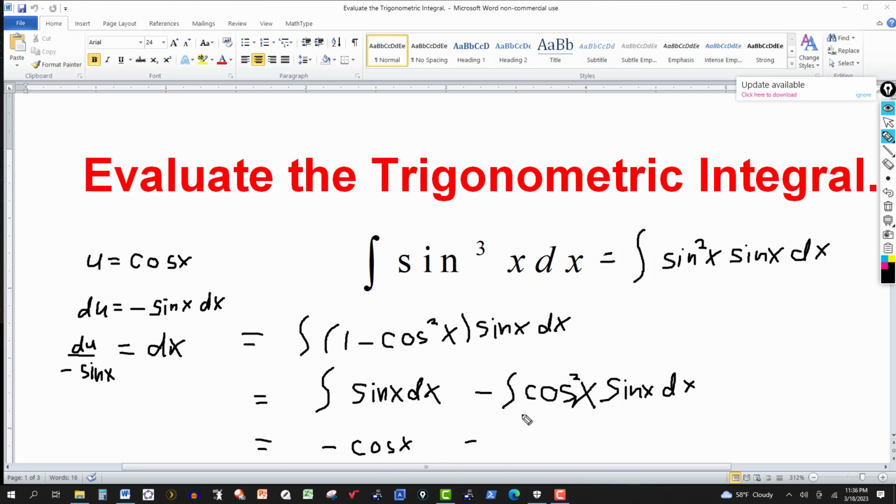So making the substitution in this integral, I have minus, and then the cosine becomes u, so I'll replace this by u squared. And I still have the sine x, and dx is replaced by du over minus sine x.